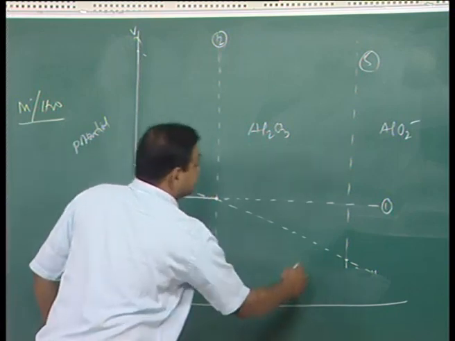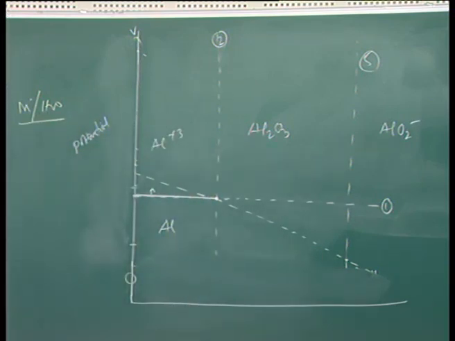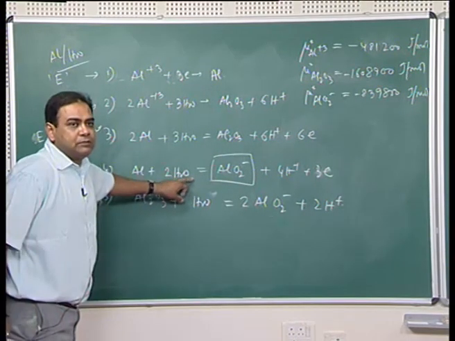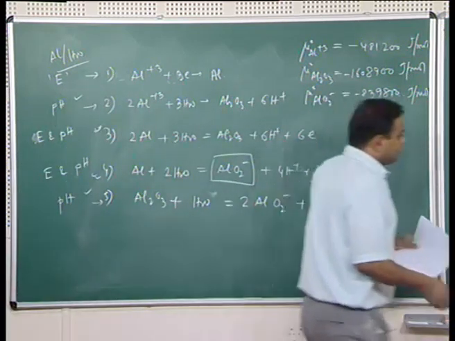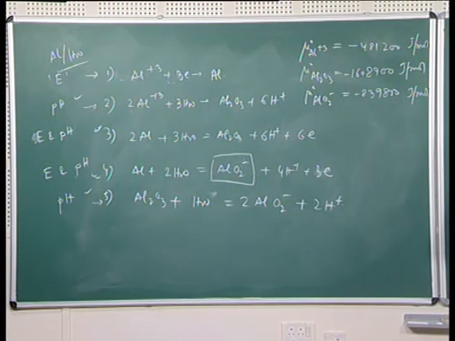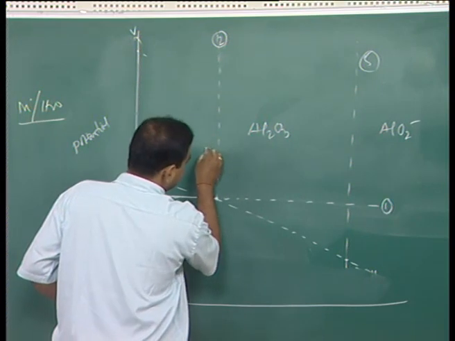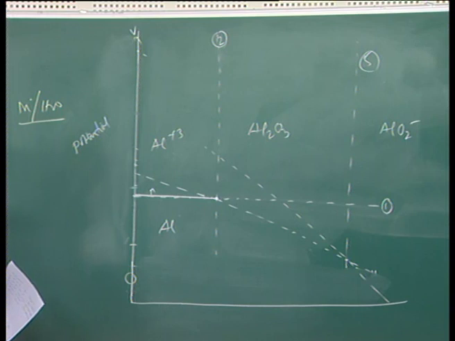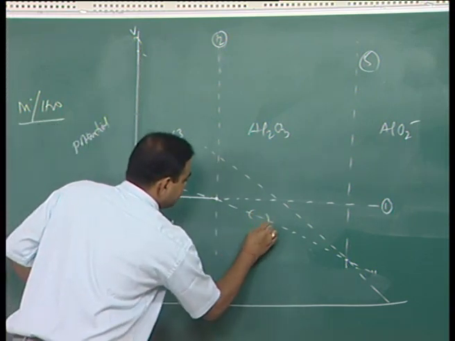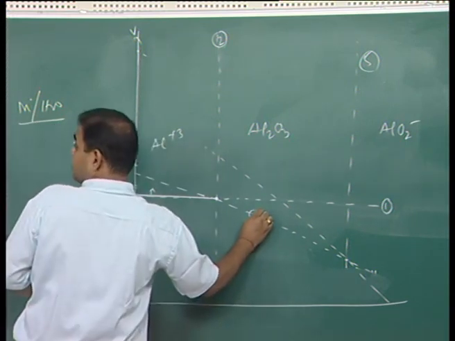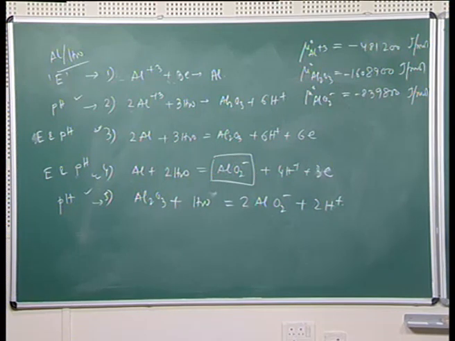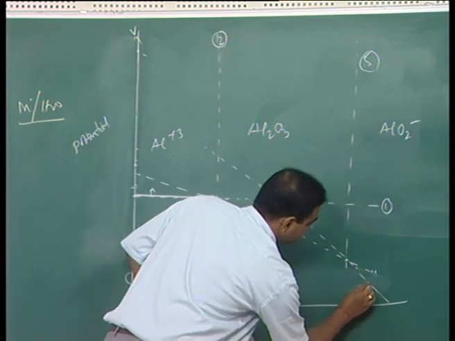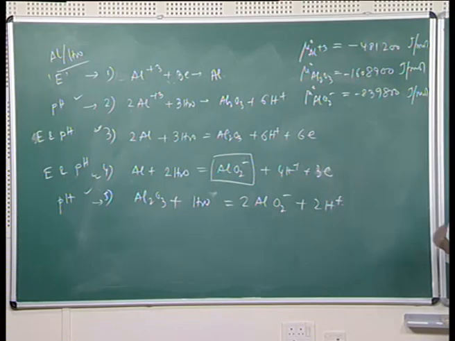So, left of that line, this equation will not happen. Again I can see that this has a negative slope. Okay, this is basically for equation number 3, and this is equation number 4.